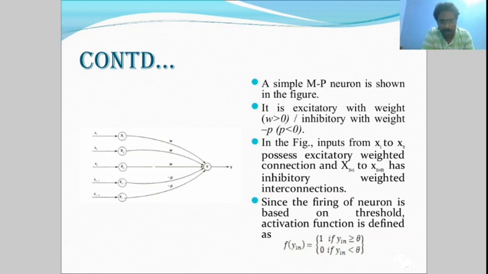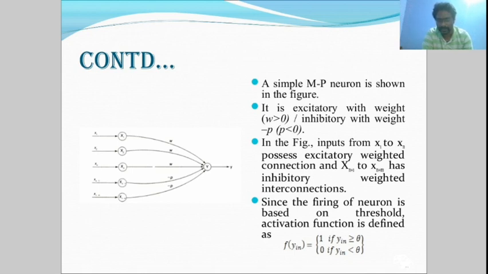From all of them we get the weighted input, which should be greater than the threshold value fixed for the neuron to fire. If the value is greater than the threshold value, then the neuron will fire, and we get the expected output. So this is what happens in the MP neuron.